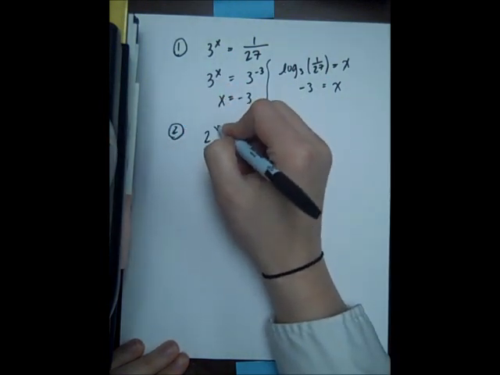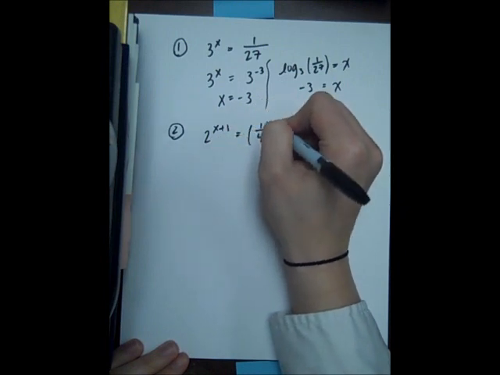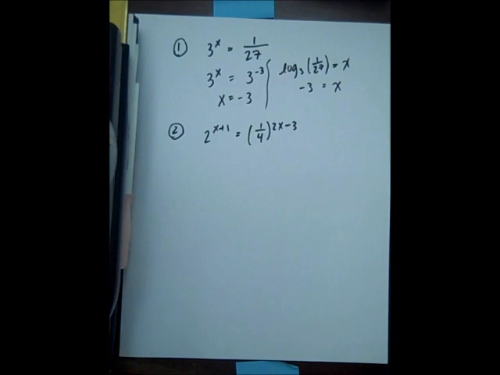Next example: 2 to the x plus 1 is 1/4 to the 2x minus 3. Now I have x in the exponent, so I can either go to log form, write it as the same base, or write it as the same exponent. I think for this one we want to write it as the same base.